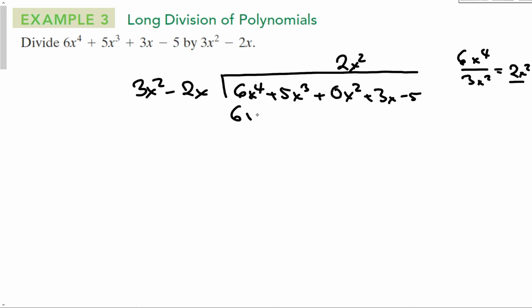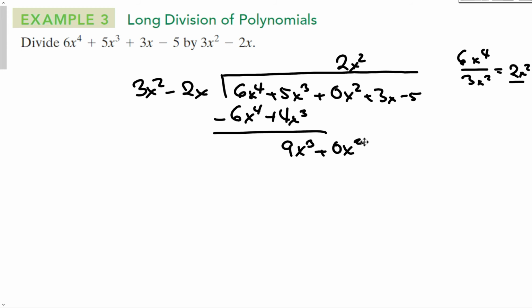Multiply: 6x to the fourth minus 10x to the third. Sorry, I was looking at the 5. 6, 2 times 3, minus 4x to the third. That's it. Subtract, and we get 9x to the third. Bring down the 0x squared, okay?